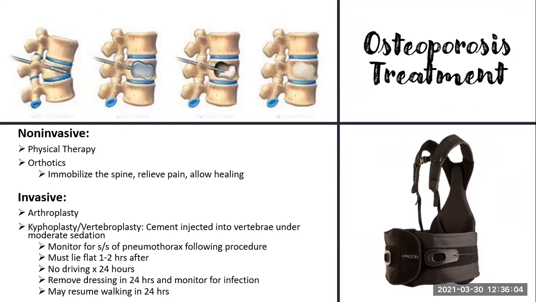Then invasive, you have arthroplasty, where a patient can actually get an artificial vertebrae and joint placed, but more commonly, you're going to see a kyphoplasty or vertebroplasty, where they are injecting cement into usually a compression fracture in the spine.